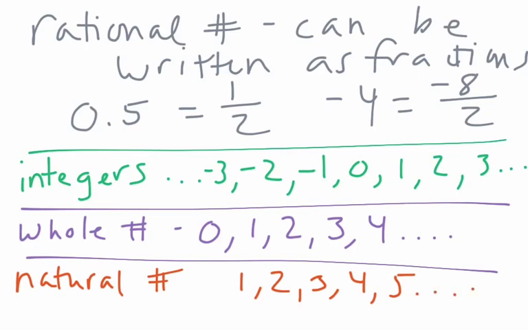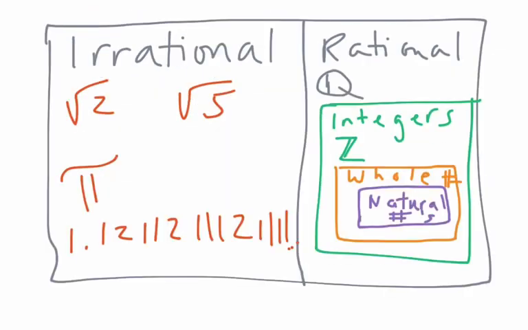So if a number is on this list, then it's automatically on this list, which makes it automatically in your rationals. So you have those nested subsets there.